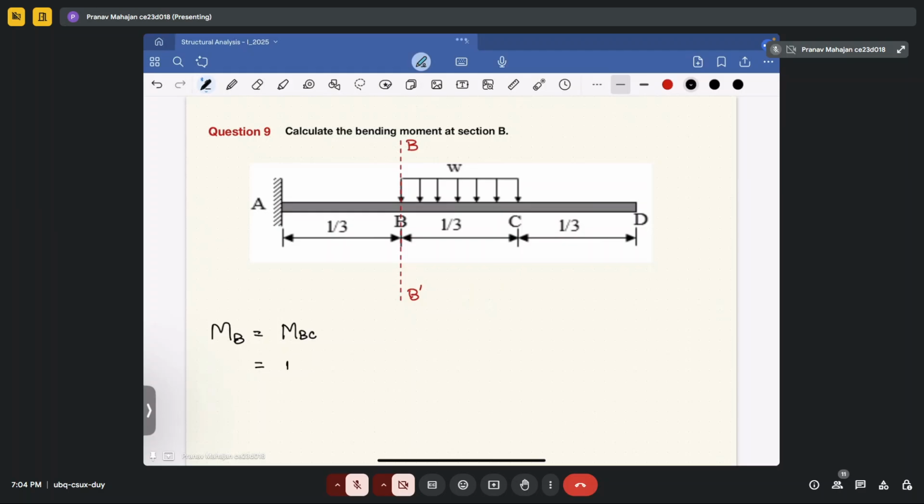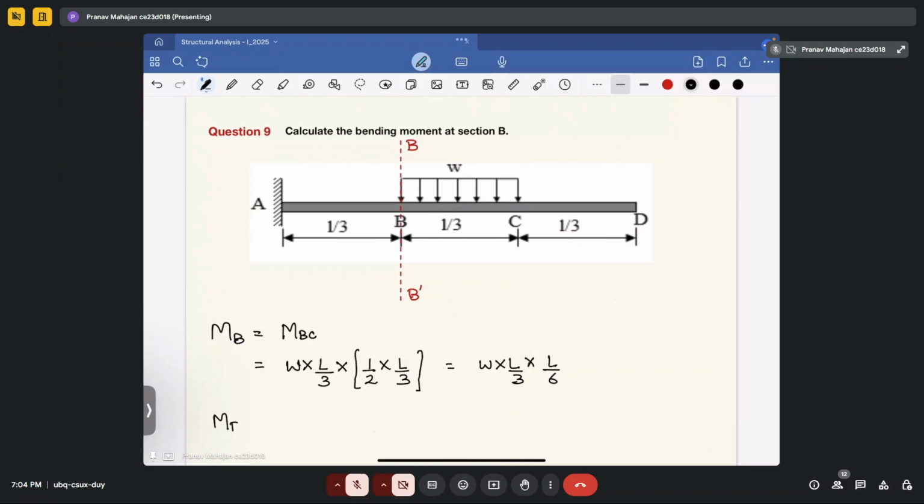It will be equal to the total load W into L by 3, acting at a distance of 1 by 2 into L by 3. It will be equal to W into L by 3 into L by 6.